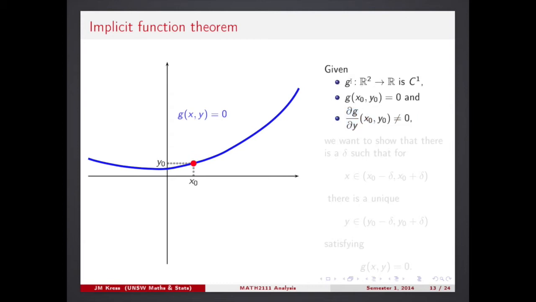Here's my setup. I have a function of 2 variables, right? We have a set of points which are the level curve for that function. We fix one single point on the level curve. I call it x0, y0. It is on a level curve. That's why it is a solution to the g equals 0 equation. One single solution. I'd like to convince you that if you have this condition satisfied at this point, so if the second derivative is non-zero, and now I trace it back to the geometrical condition.